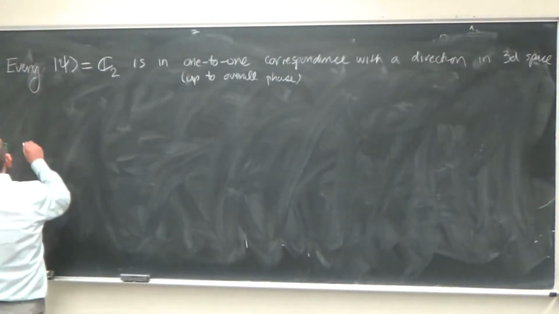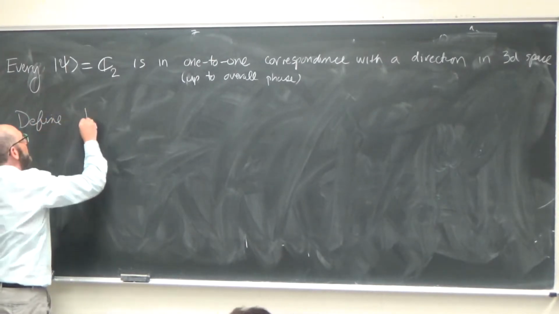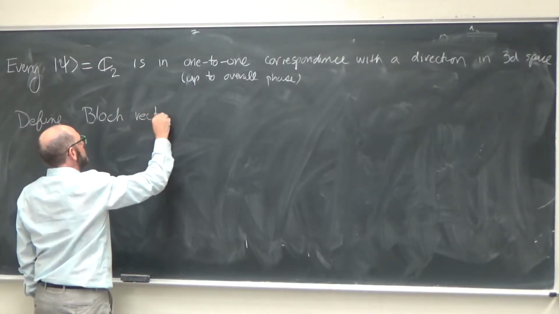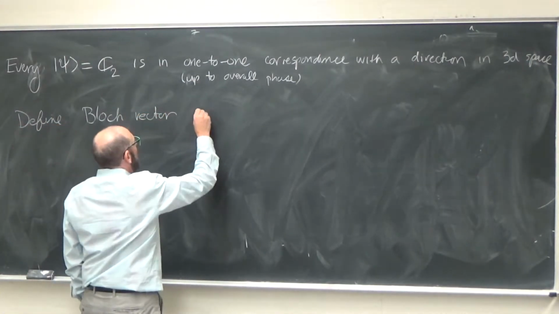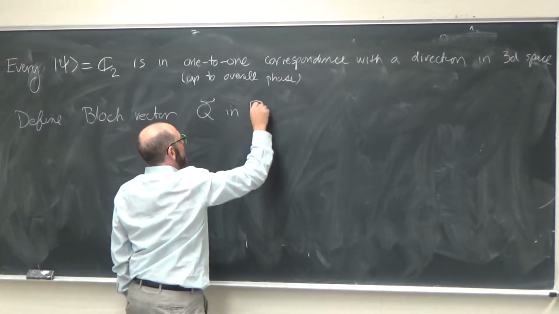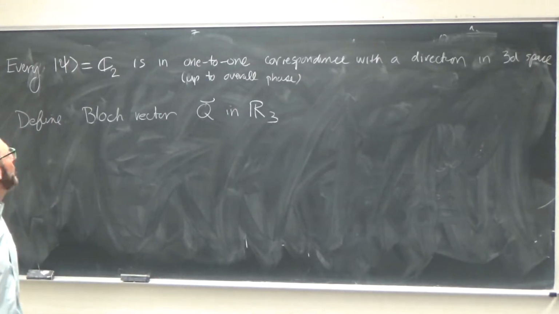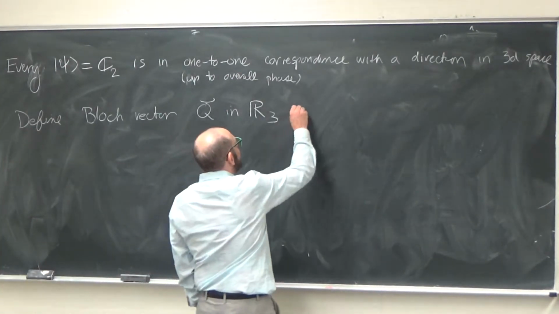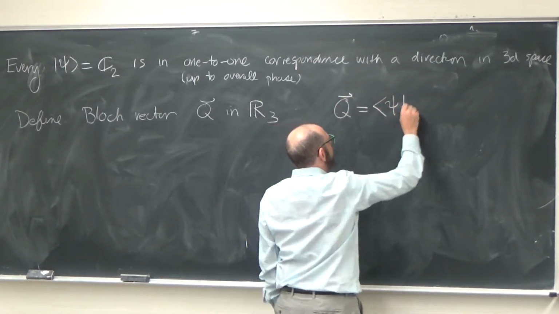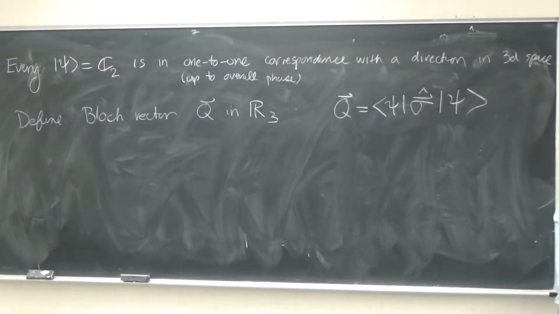So we define the Bloch vector as a vector in three-dimensional space. And given a state, I define the Bloch vector as the expectation value of the vector of Pauli matrices.